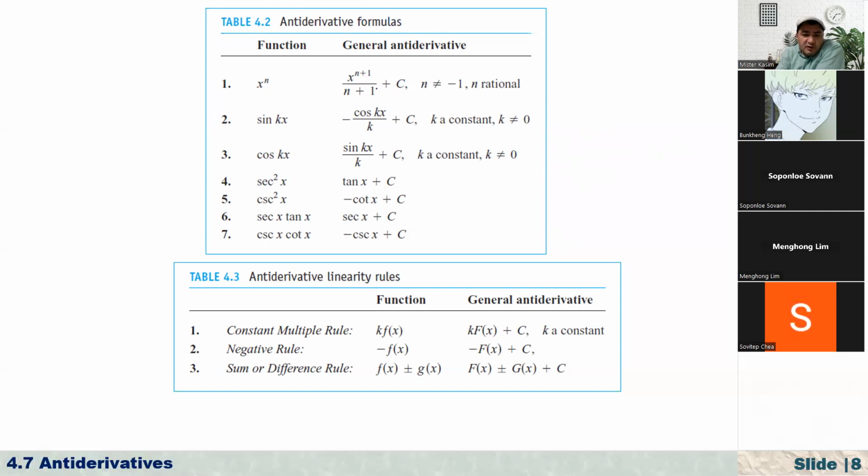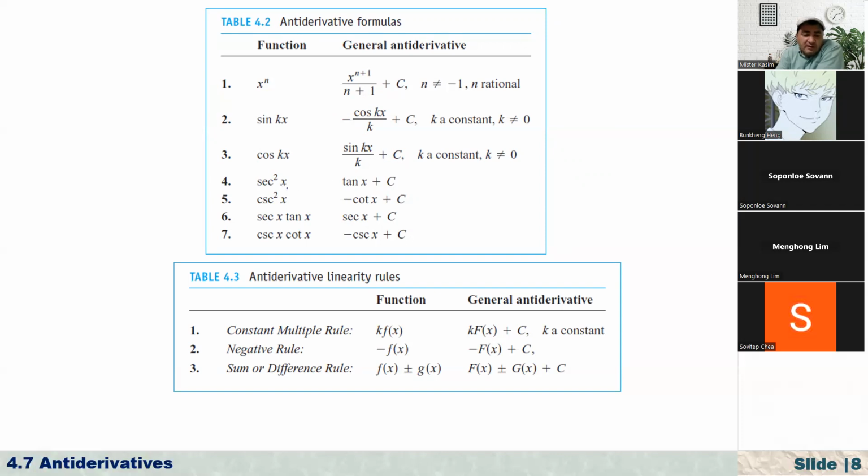If you differentiate this function, I will get x to the power of n. That is the proof. And how about sine of kx? That is minus cosine of kx over k, because when k comes to the front, they cancel each other. And cosine of kx, its general antiderivative is sine of kx over k plus c.